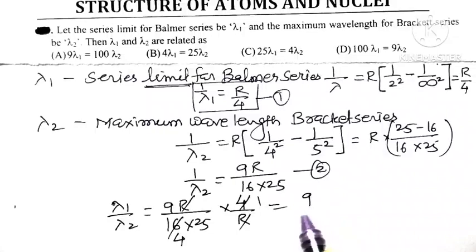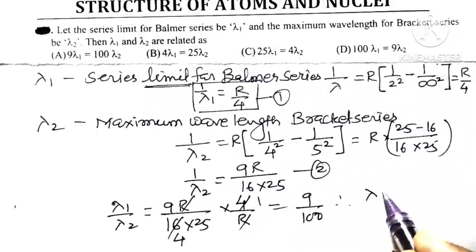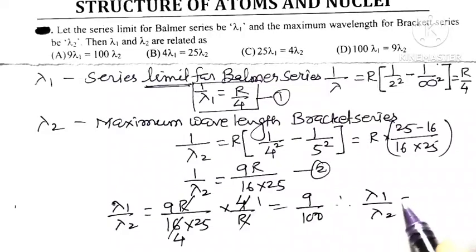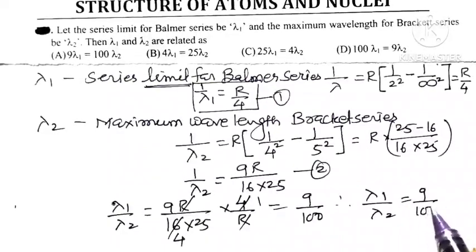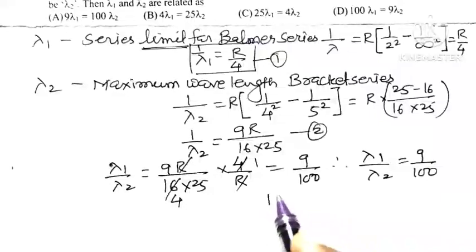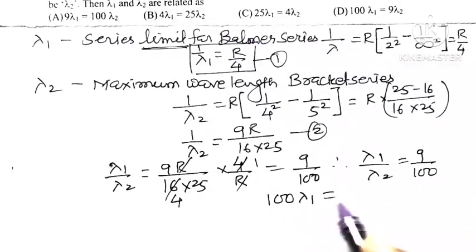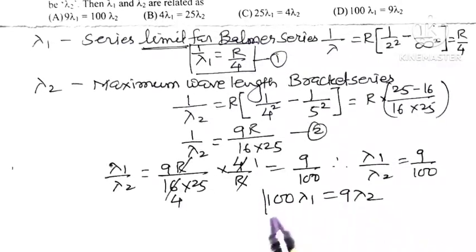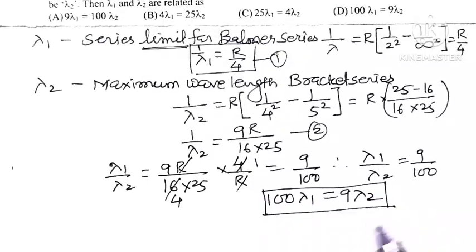So, this is 9 divided by 100. Therefore, lambda 1 by lambda 2 is equal to 9 by 100. Cross multiplying, we get 100 lambda 1 is equal to 9 lambda 2.